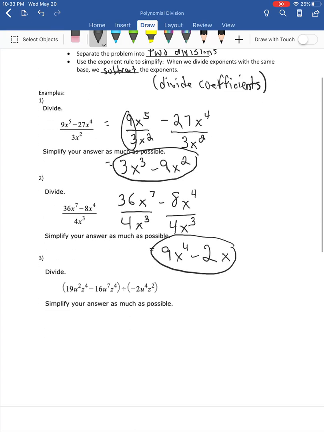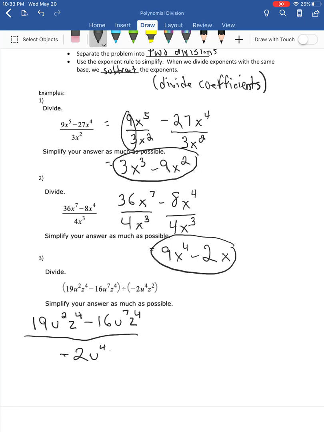Okay, number 3 is written differently, so let's rewrite in that more familiar way that we saw in 1 and 2. So I'm going to write this as 19 u squared z to the 4th. Notice we have two variables here. That's fine. Minus 16 u to the 7th z to the 4th over negative 2 u to the 4th z squared.